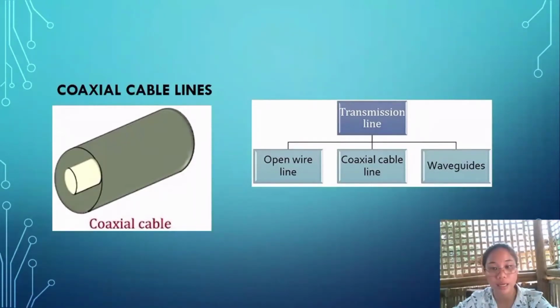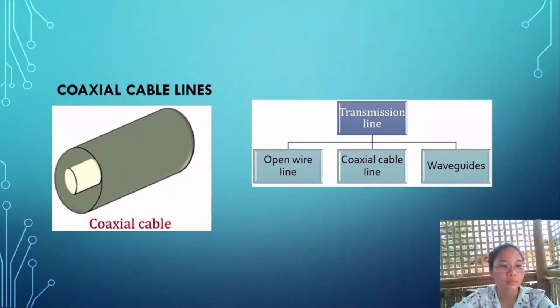You can usually see coaxial cable in televisions, because coaxial cable is used to send a signal to your TV, in order for your TV to have a signal and a clear display.